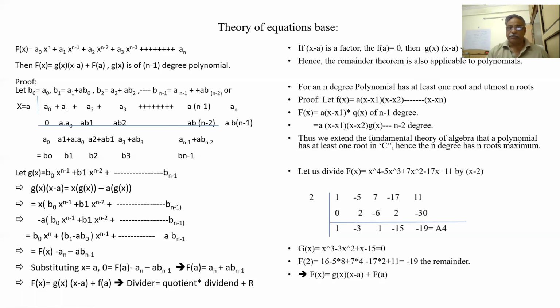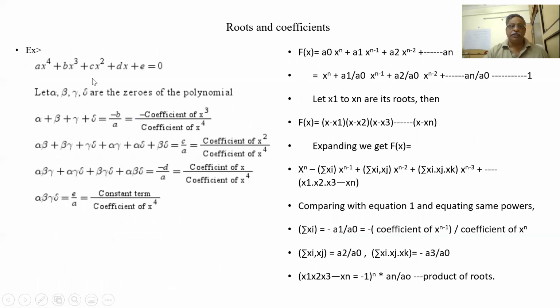Let us go to next. So let us see a generalized correlation between coefficients and roots. Suppose there is a 4 degree polynomial, a x to the 4 plus b x cubed plus c x squared plus d x plus e. So now there are 4 roots here. 4th degree means x minus alpha, x minus beta, x minus gamma and x minus delta, 4 roots.